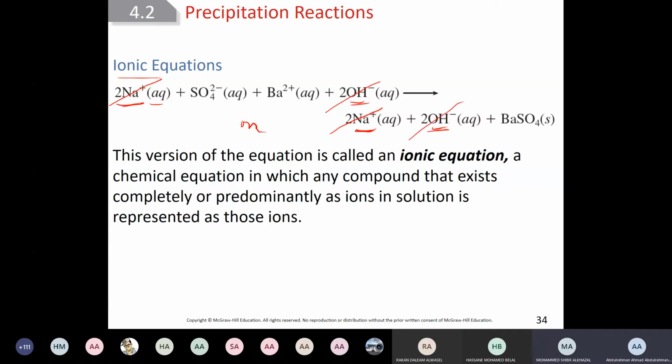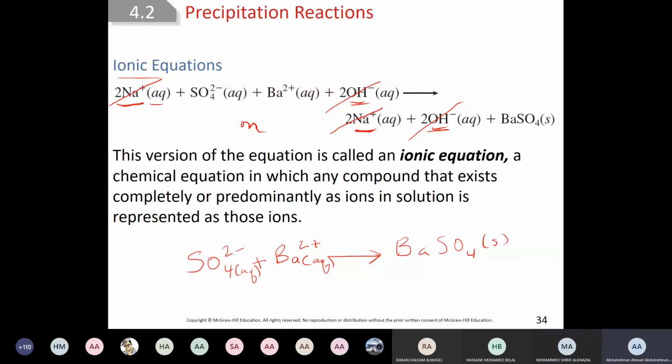What else is repeated in the reactants and the products? 2OH, hydroxide. Nothing else. So what remains is SO4 2 minus plus Ba 2 plus to give you BaSO4 solid, and the ions are aqueous.